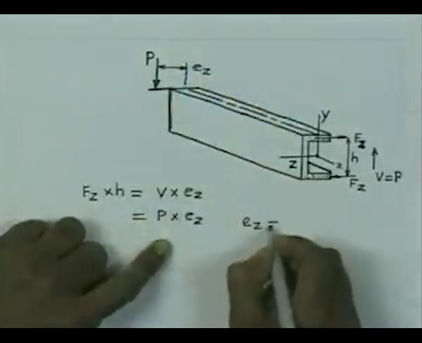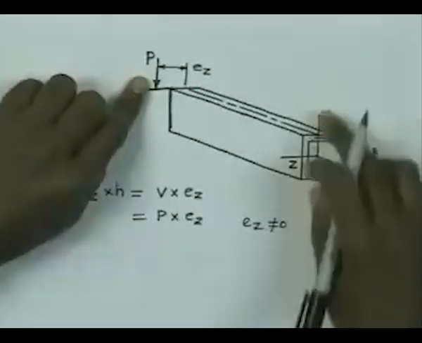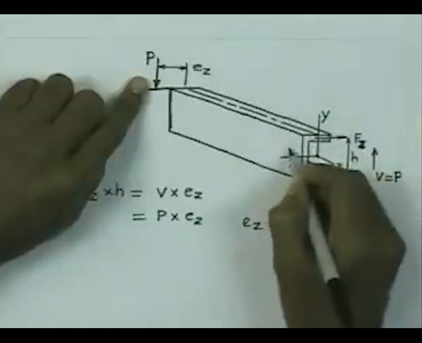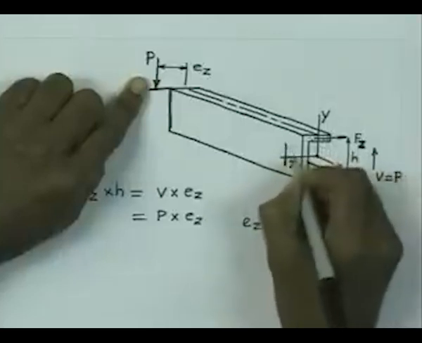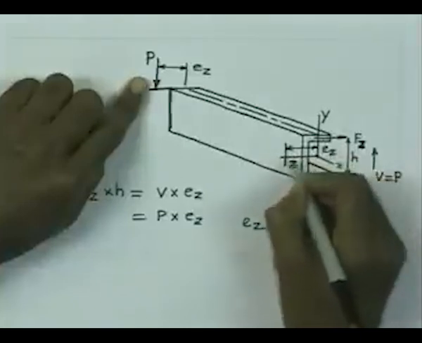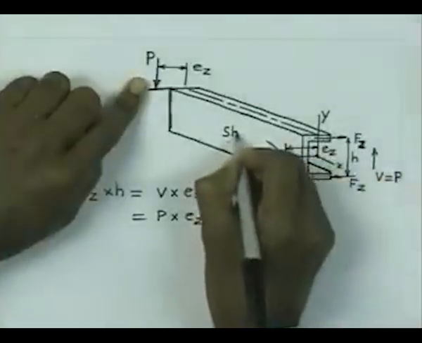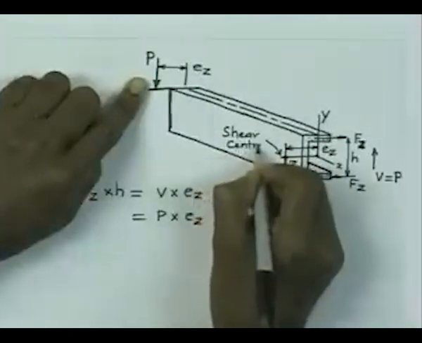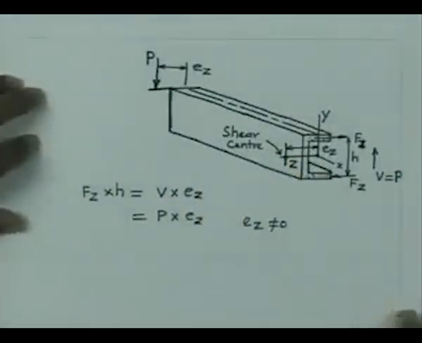Now, the plane containing the load, parallel to the xy plane, is going to intersect the z axis at a distance here, and this distance is again Ez. This is known as the shear center of the cross section. So, the intersection of the loading plane with the z axis is called the shear center.